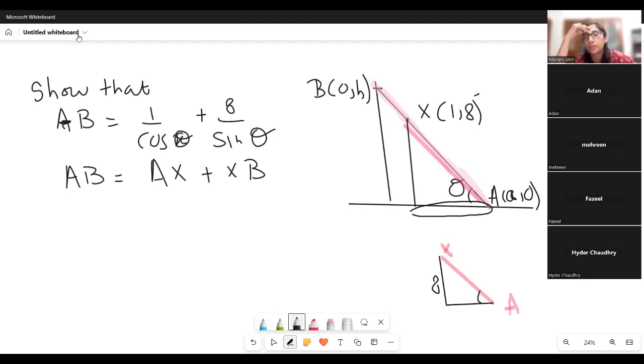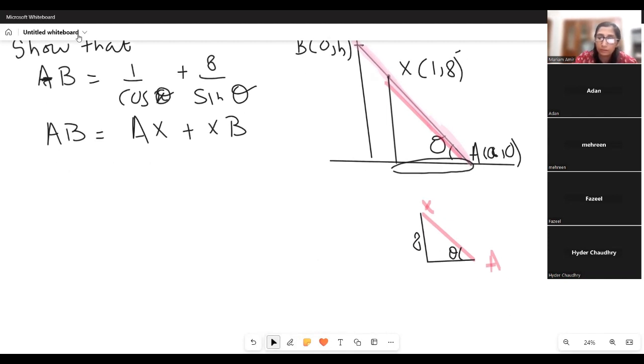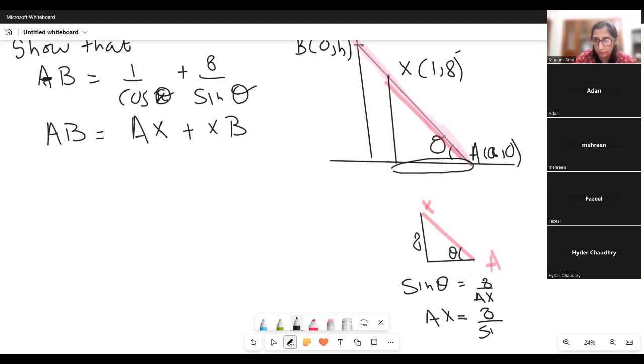We don't need the other length, in fact. We just need AX in terms of theta. So we can use sine. So sine theta equals 8 upon AX. So AX equals 8 upon sine theta. So that's what I'm writing here. AX is 8 upon sine theta.